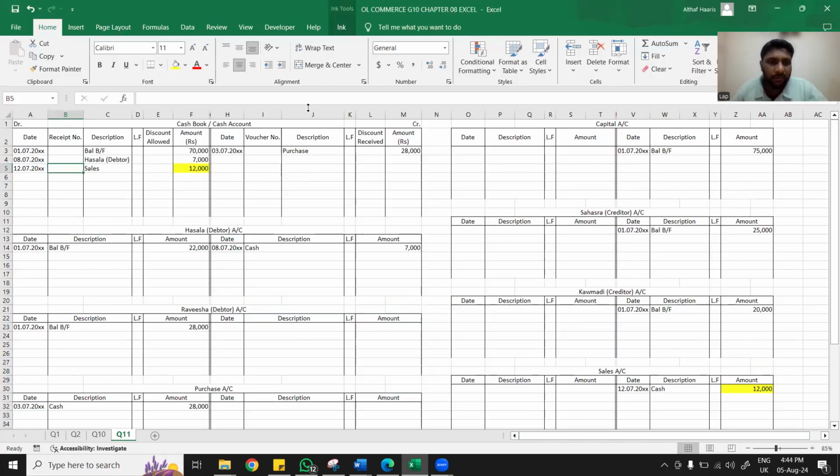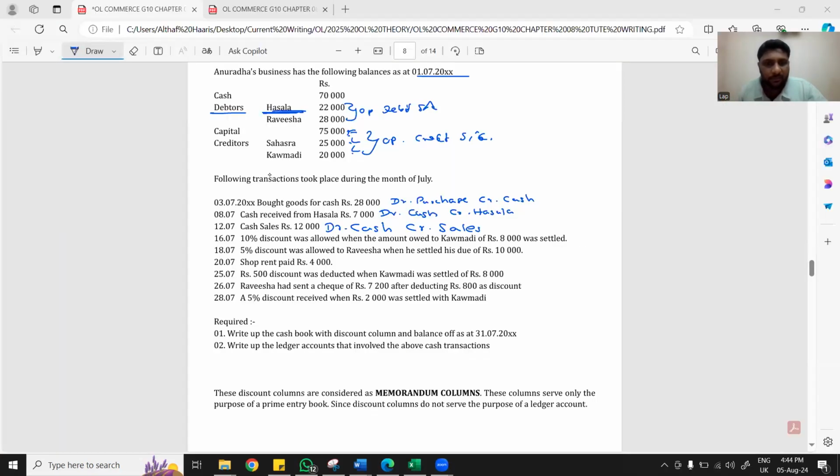Next one. 10% discount was allowed when the amount owed to Kaumadi of rupees 8,000 was settled. Here Kaumadi is a creditor, so here it is discount received, because when we are making the payments, we will get discounts.